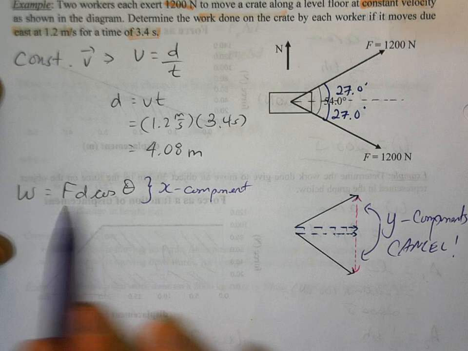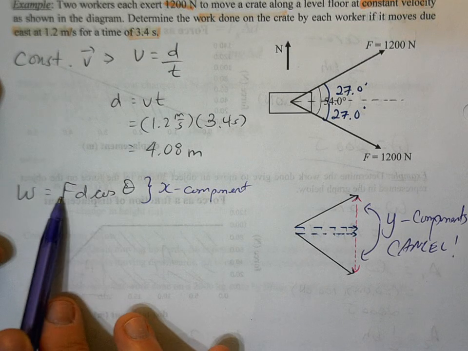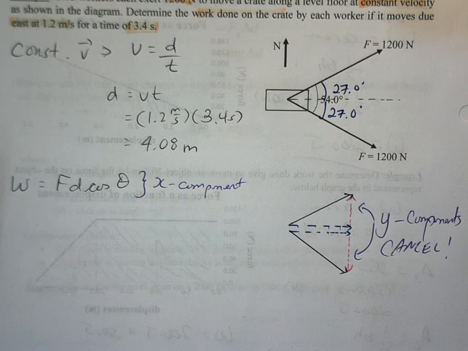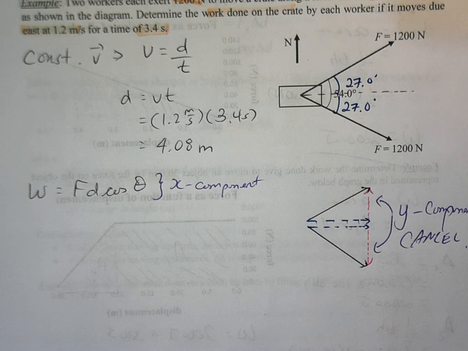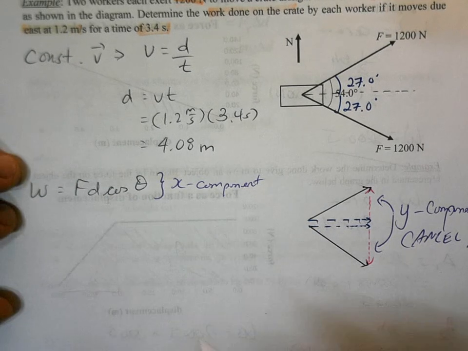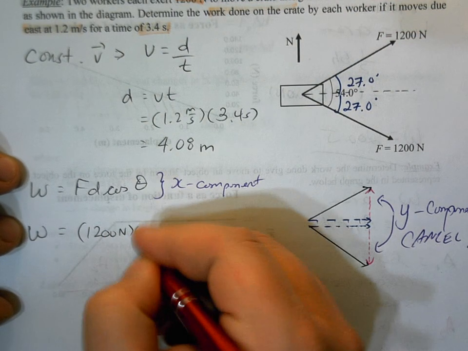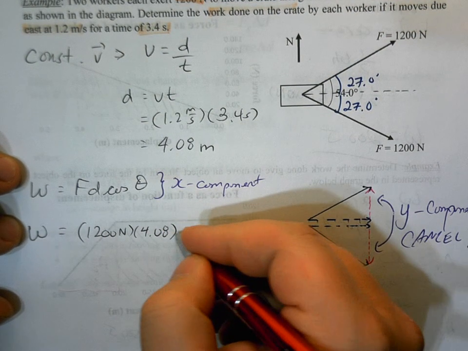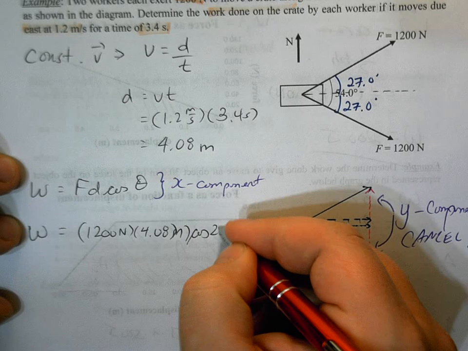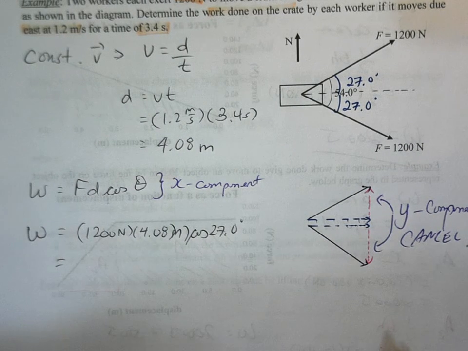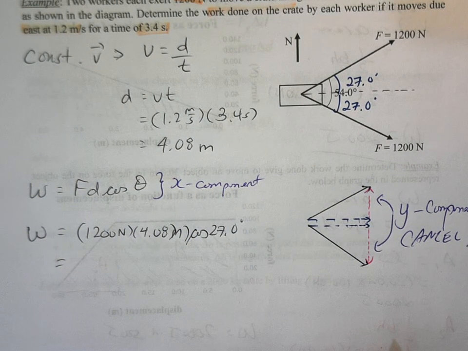So this component of force is going to give us the component of force in the x direction as well. Now, if I use this, this is just going to give me the work done for one person. So if I look at one worker, they're applying a force of 1200 newtons over a distance of 4.08 meters, and then they have that angle of 27 degrees.